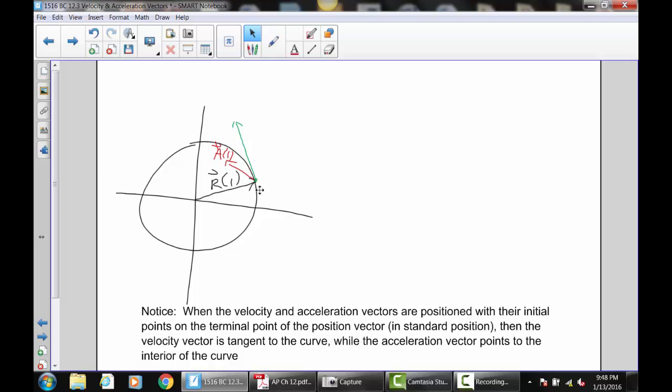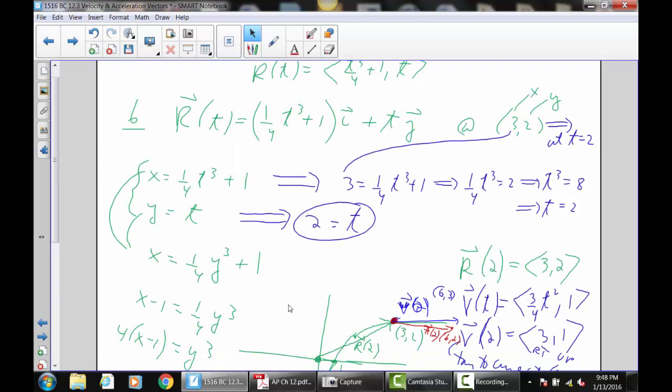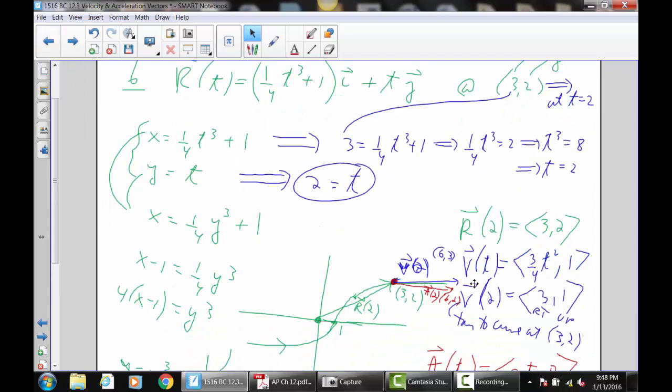One of the things you want to notice, and this would be a situation where if I drew a circle, this is what would happen, is that when the velocity and acceleration vectors are positioned with their initial points on the terminal point of the position vector in standard position, then the velocity vector, as you can see, is tangent to the curve at that point. If I go back, you can see that this blue vector is tangent to my green curve at that point.